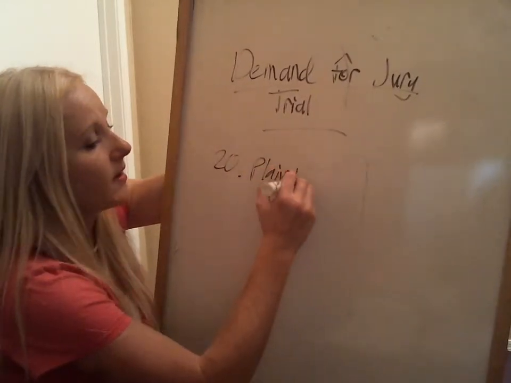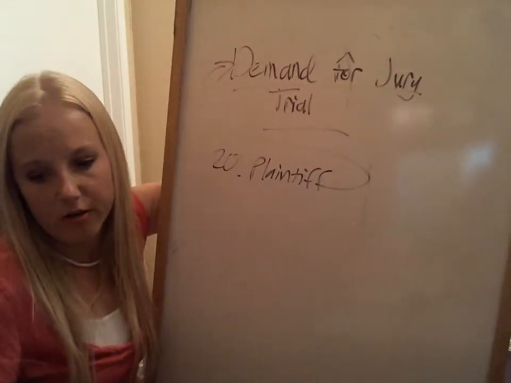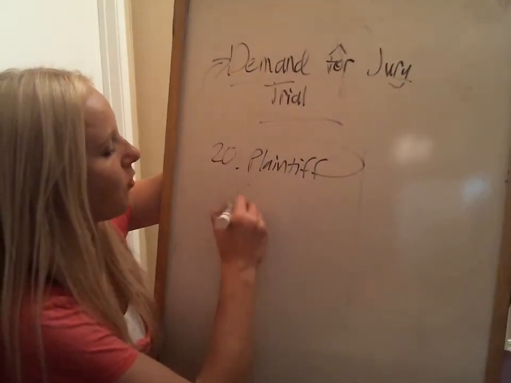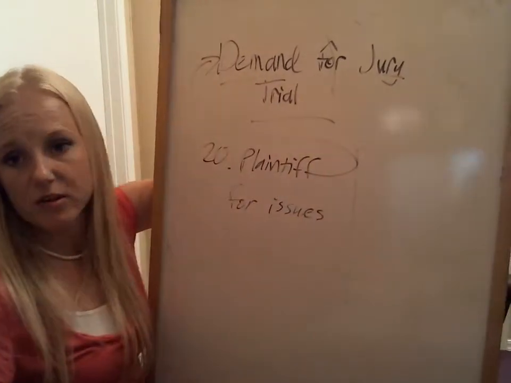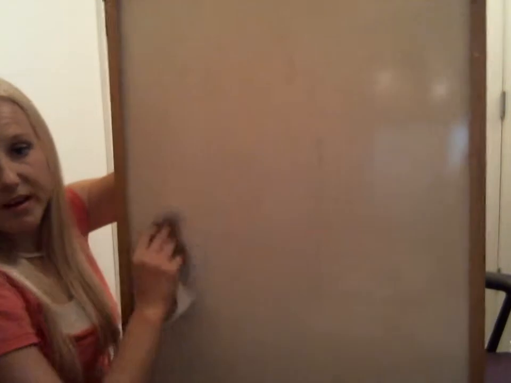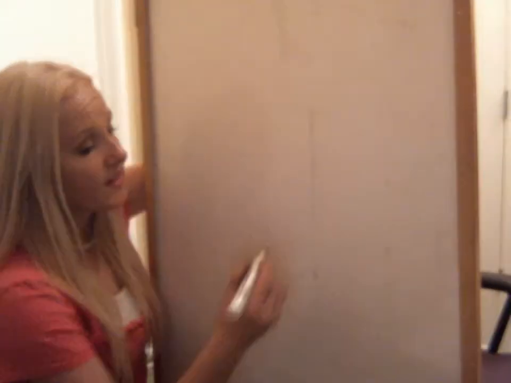Plaintiff demands a jury trial, and then you could say for the issues in this complaint or whatever. So you're going to include that demand for jury trial if you want one. Again, that's not a mandatory thing. Lots of people do like them.